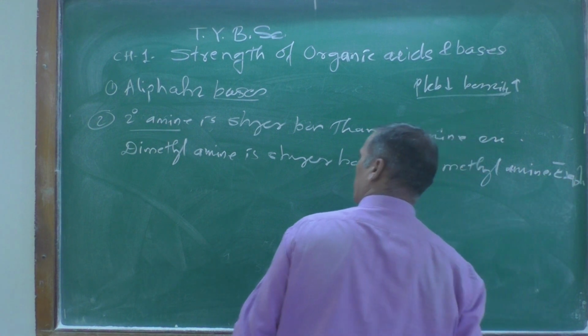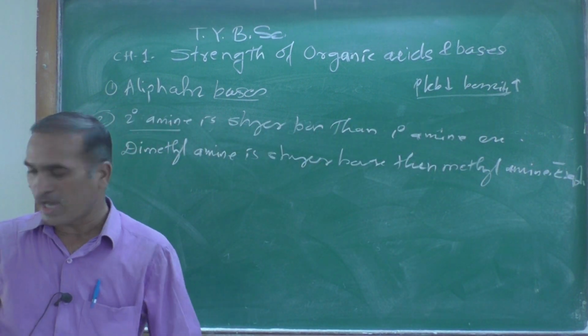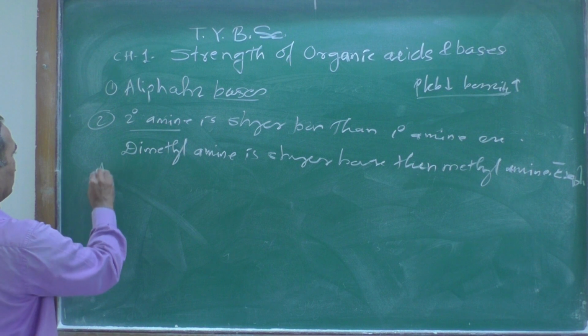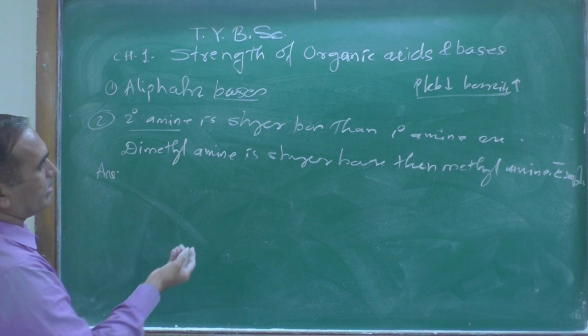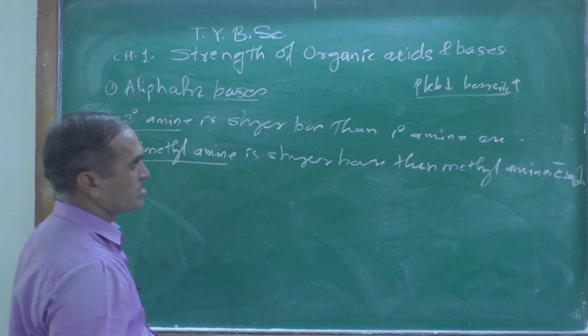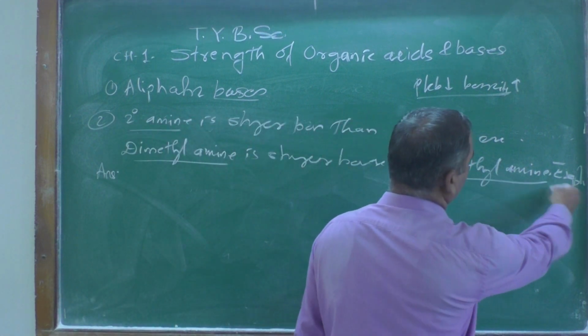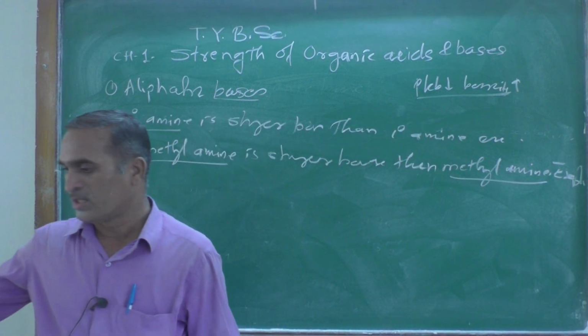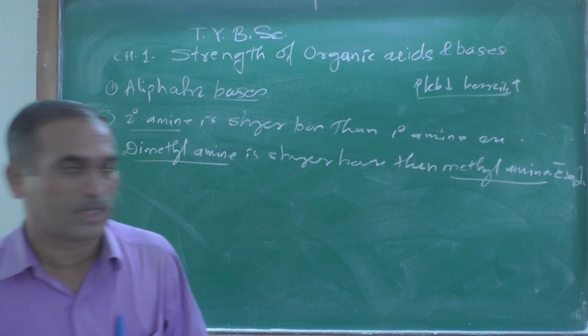Explain, right? How do you explain this? The answer to this question is very simple. What is our first thing to do? First, you must draw the structure of the organic molecules, right?